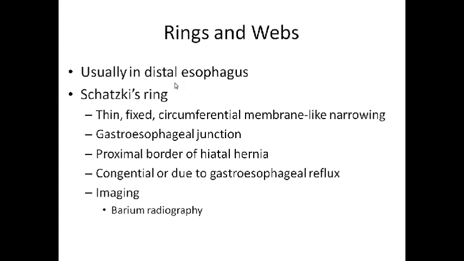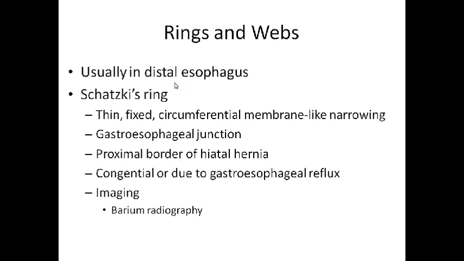Rings and webs, usually this is more common in the distal esophagus. Schatzki's ring is a thin, fixed, membrane-like narrowing circumferentially just above or right at the gastroesophageal junction. It can be at the proximal border of the hiatal hernia.